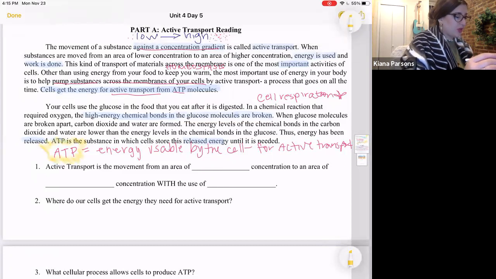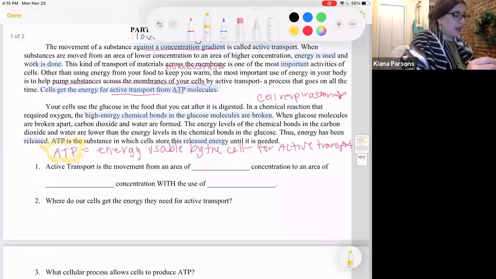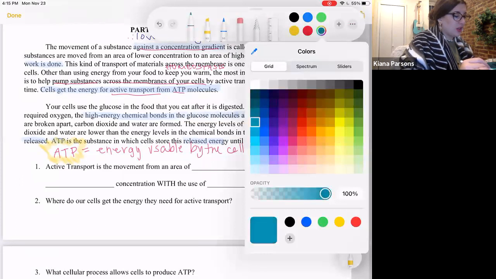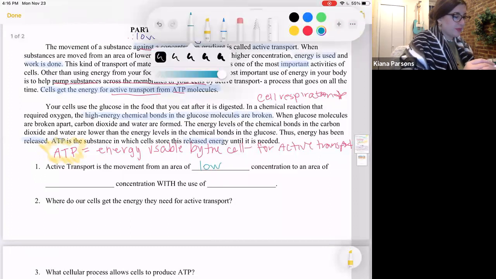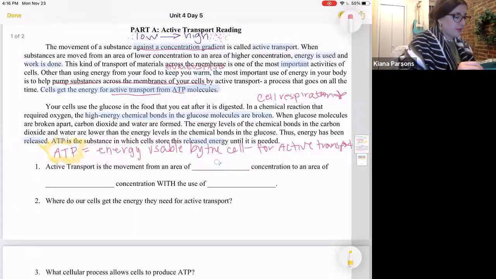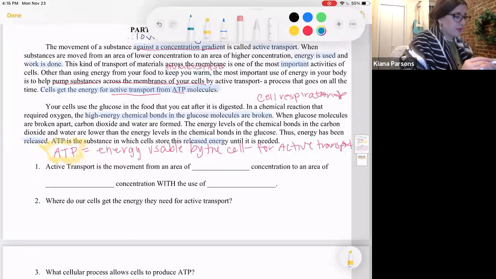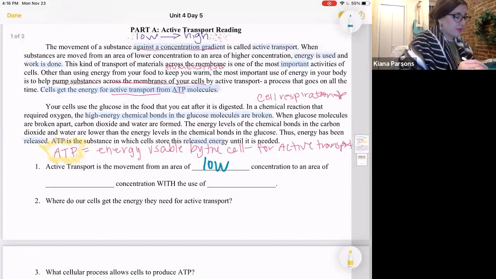Active transport is the movement from an area of low concentration to an area of high concentration. Right, so the opposite of diffusion, low to high, with the use of energy.